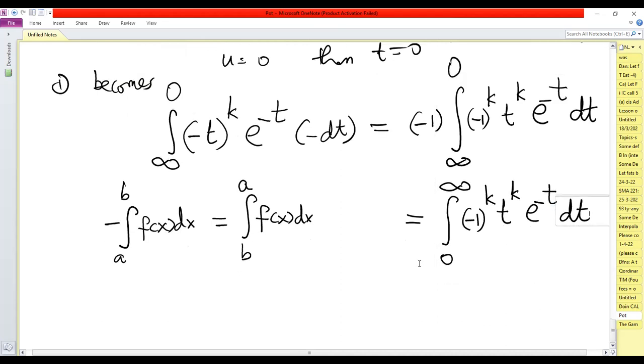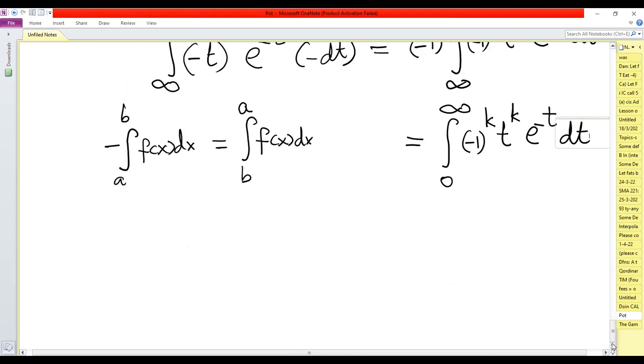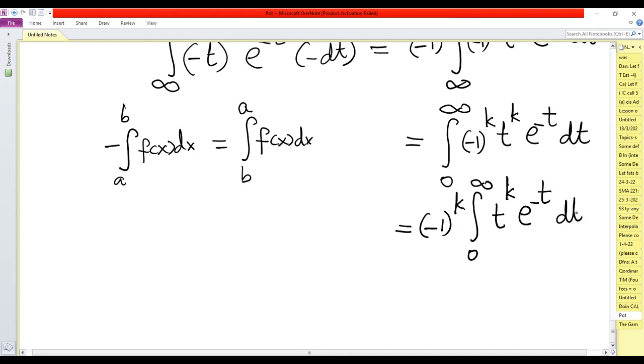Now we can rewrite this because these are constant, then factor it out. So negative 1 to the power k, integral from 0 to infinity of t to the power k e raised to the power minus t dt. But you see, we can write this power. If we say n minus 1 equals k, then n alone will be given by k plus 1.